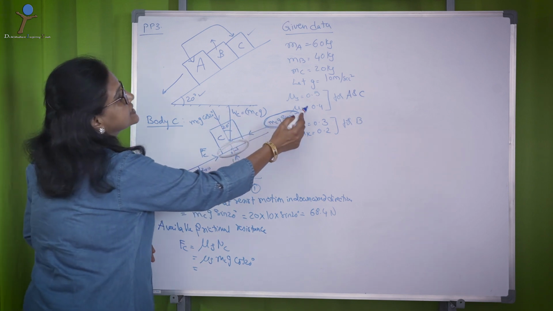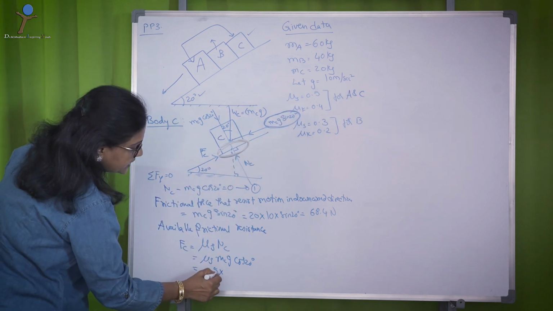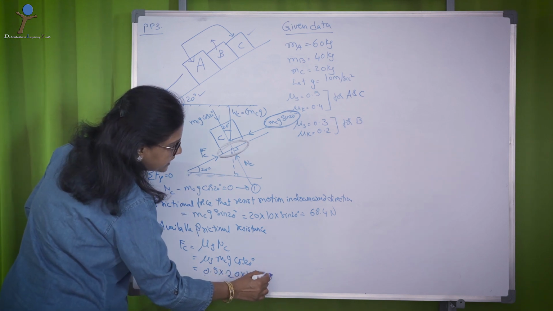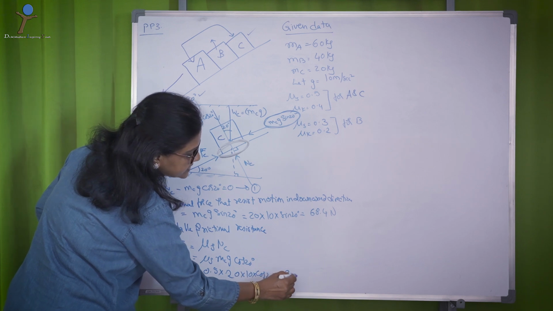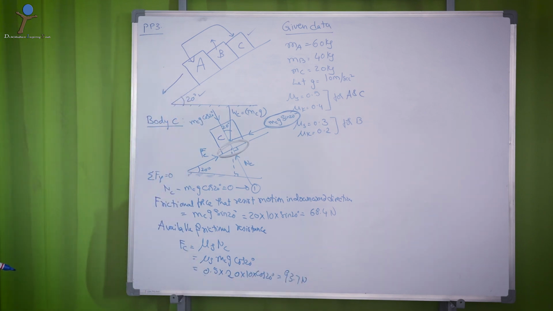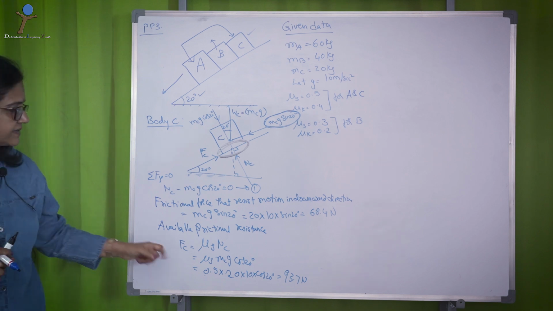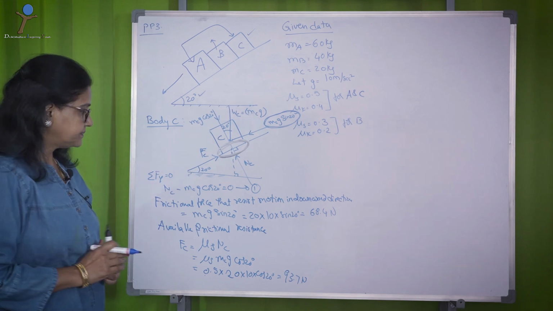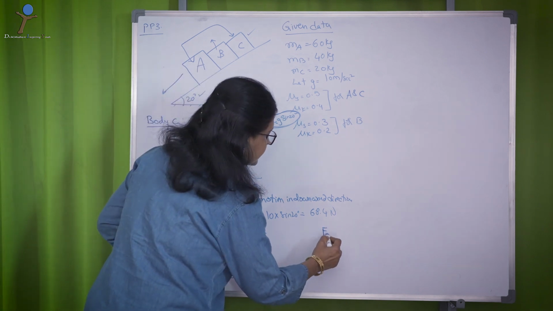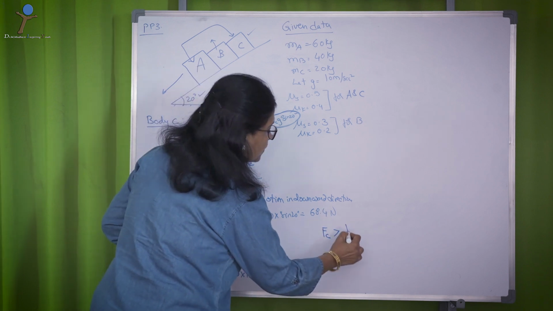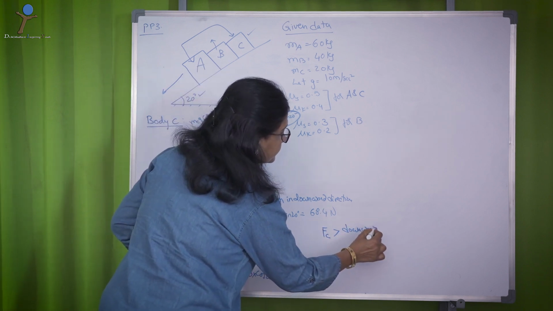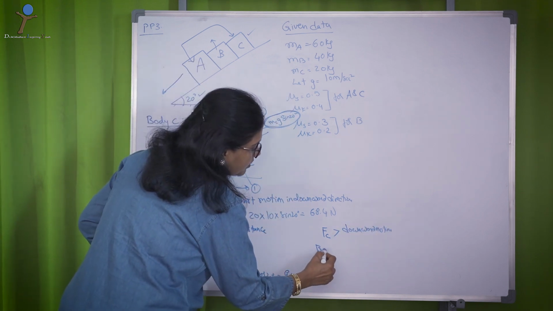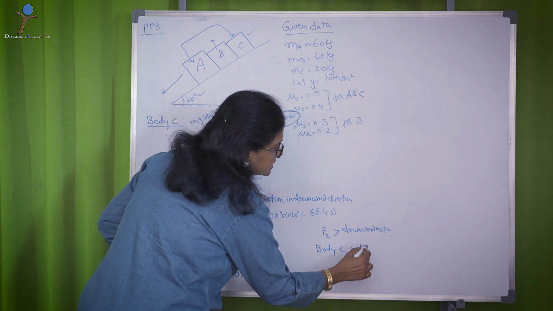Mu s for block C is 0.5, so 0.5 into 20 into 10 into cos 20, giving you around 93.7 newtons or so. Since this available frictional resistance is higher than the downward force, the body will not slide. Body C will not slide.